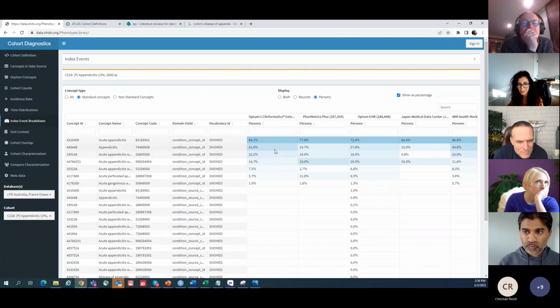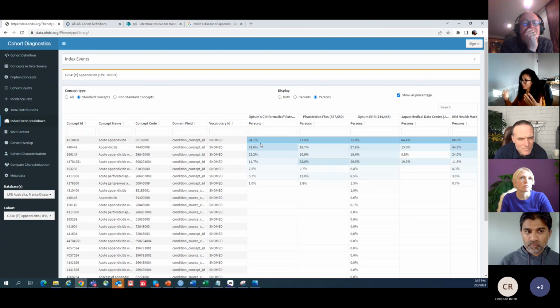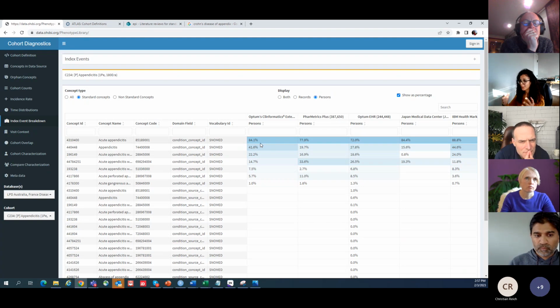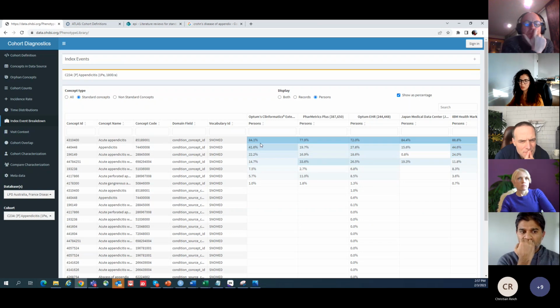Okay, so I see that the big hitter here, which is accounting for at least 70 to 80% of the people in the cohort, is acute appendicitis. That makes me feel good because everybody's thinking of acute appendicitis being the big hitter, and that's consistent with the data. Acute appendicitis, which in the clinical description is described as the main manifestation, does seem to be what is playing out in the data.